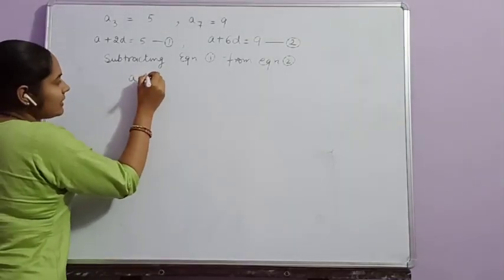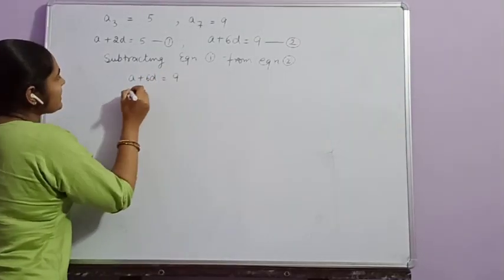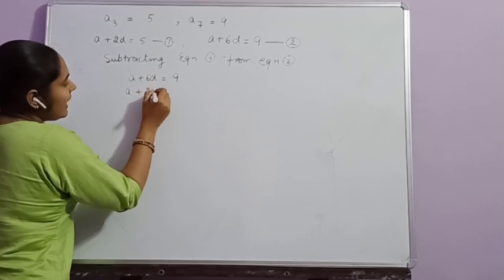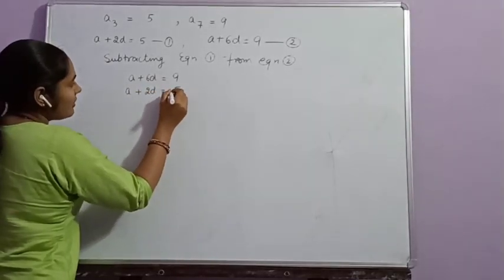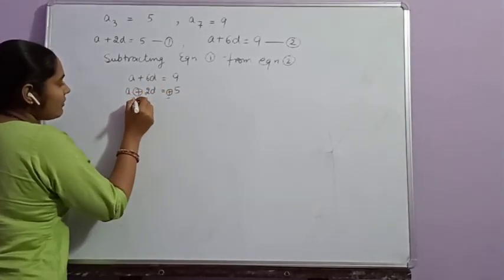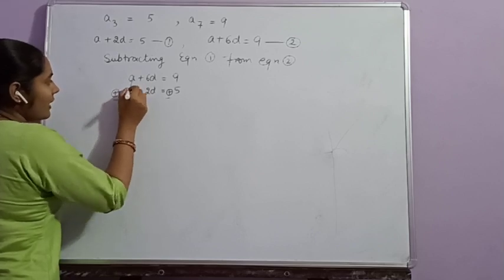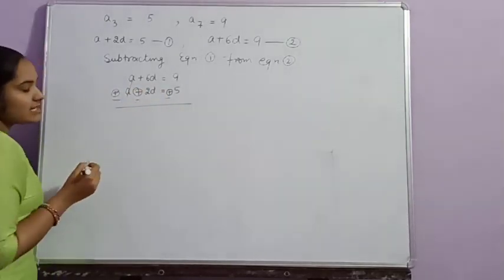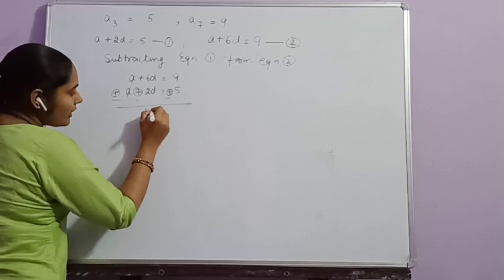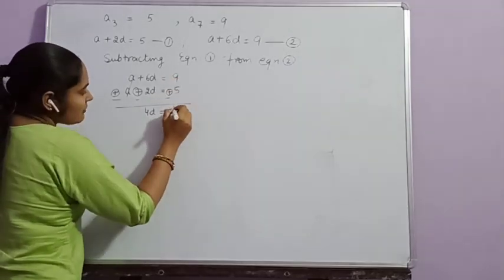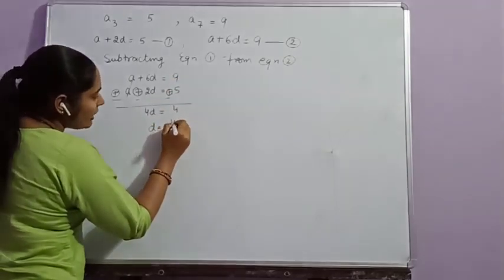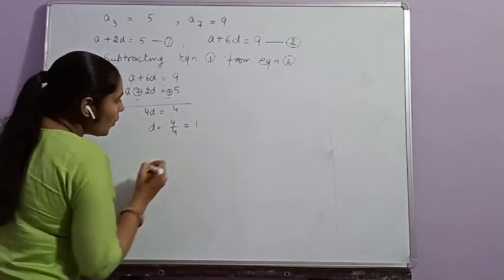A plus 6D is equal to 9 and first equation is A plus 2D, that is equal to 5. On subtraction, sign will be changed. A cancels out, 6D minus 2D, that is equal to 4D, that is equal to 9 minus 5, 4. D will be 4 divided by 4, that is equal to 1.